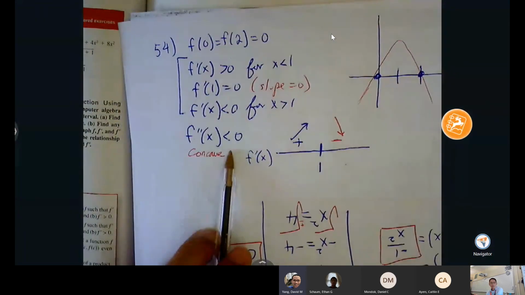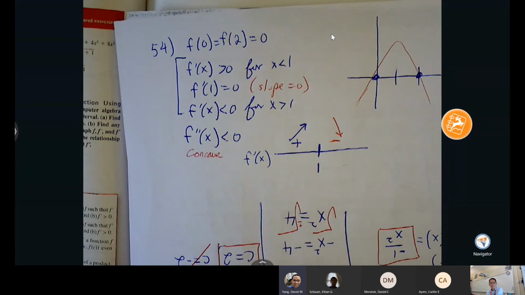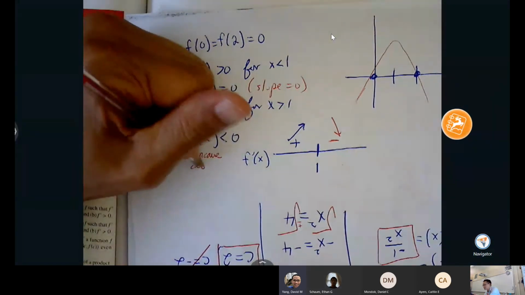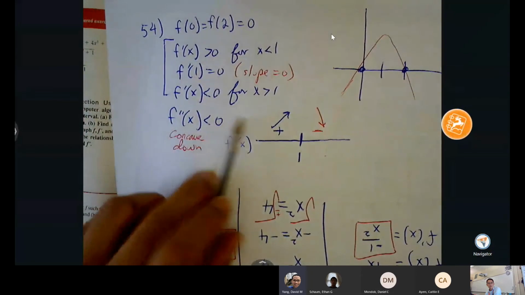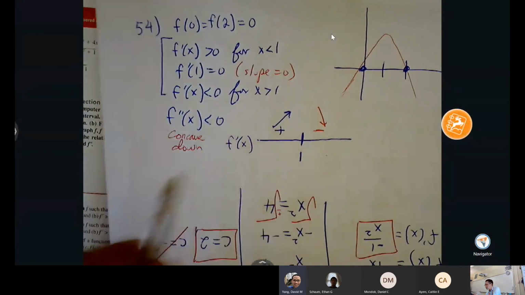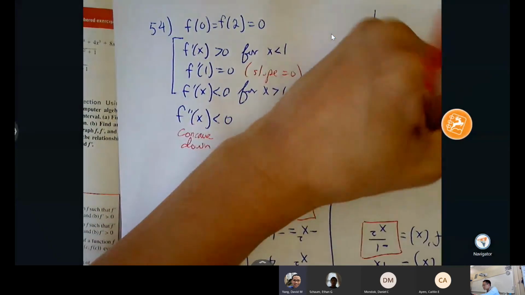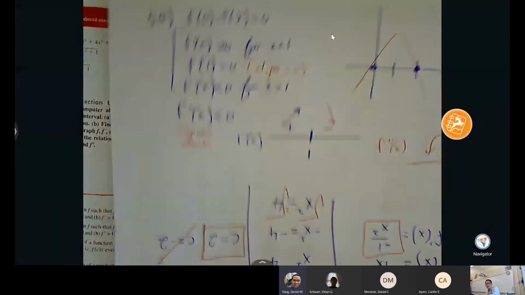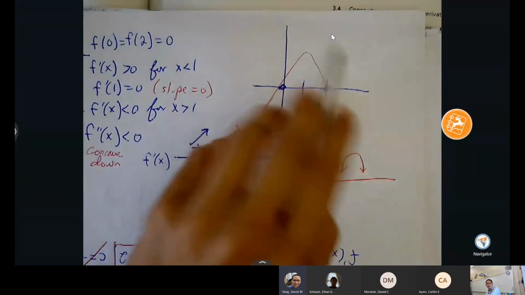So negative concavity is concave what? Concave down, right? So it's saying that it's concave down. There's no restriction, so it looks like it's concave down everywhere.